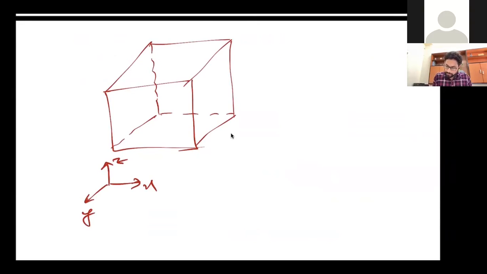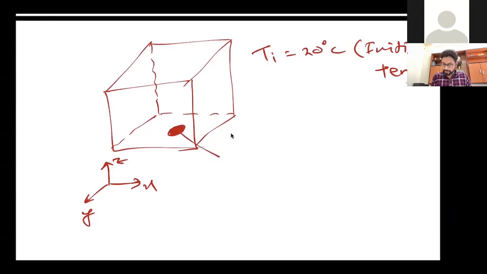In the beginning everything was Ti, the initial temperature, 20 degrees Celsius everywhere. Now all of a sudden you started heating one part of it, so this red circle in the bottom becomes Th equal to 100 degrees Celsius, let's say.